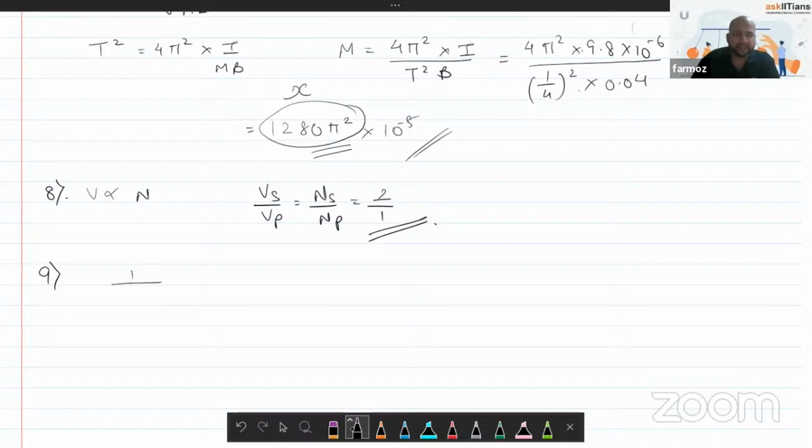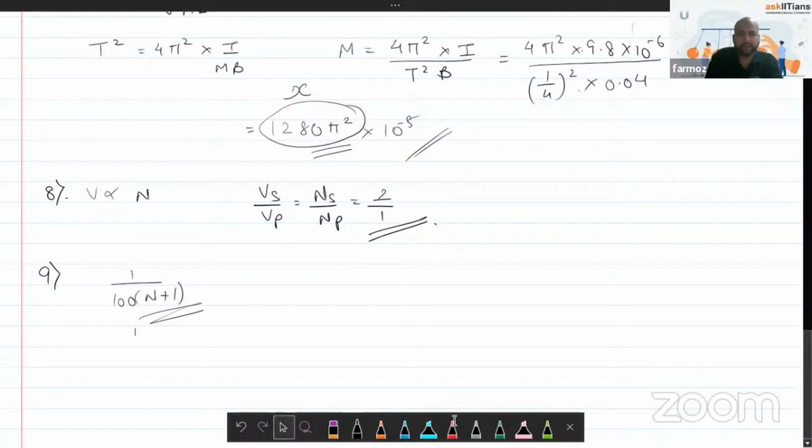The vernier constant will be 1/(10(n+1)) mm. No need to solve.